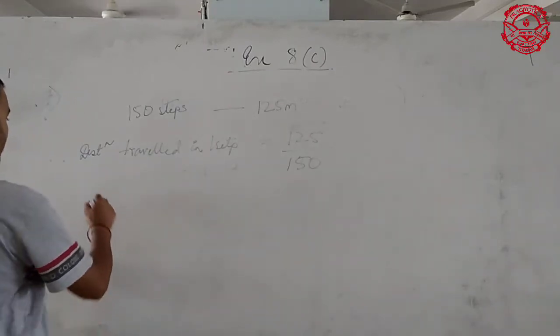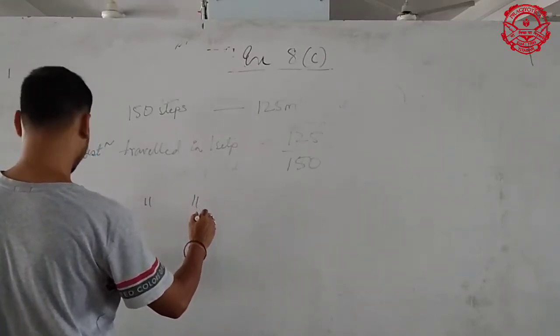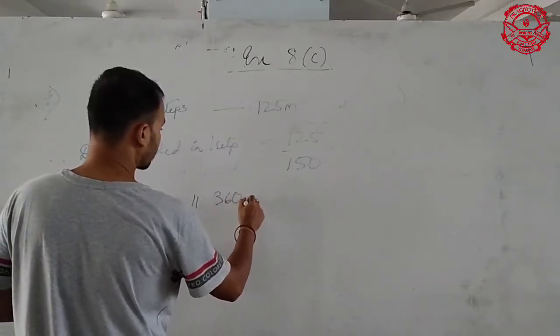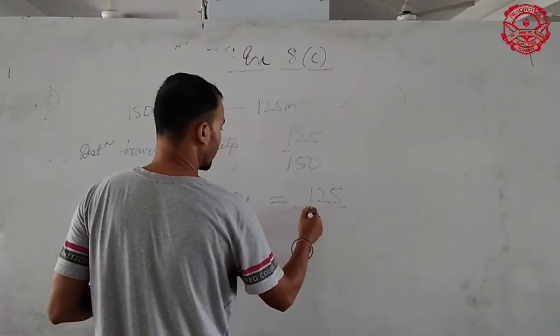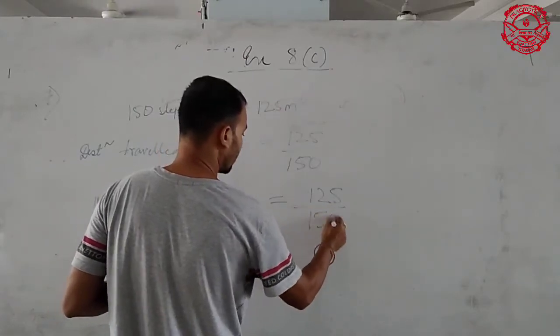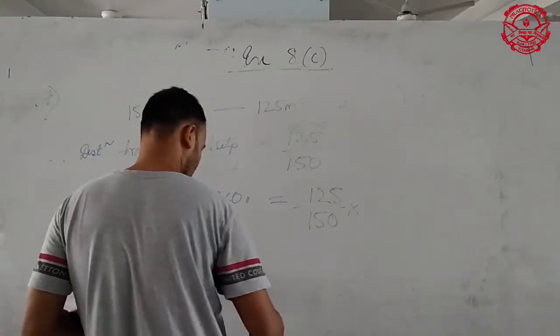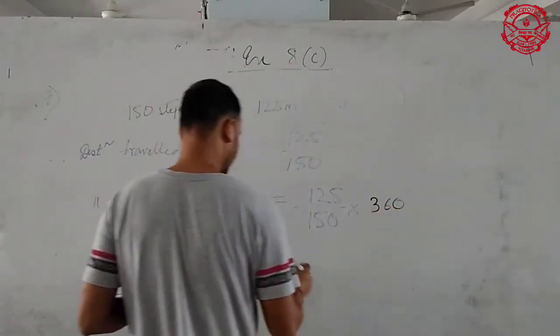Okay. Now distance travel in how much? 360 steps. 360 steps equal to, simply multiply 125 by 150 into 360. Okay.